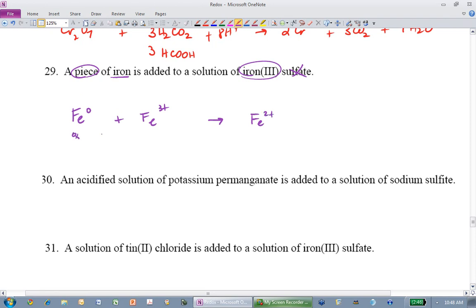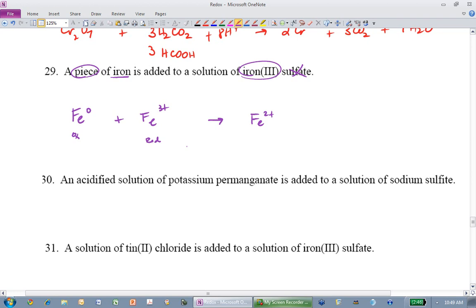This one is oxidized, this one is reduced. And that's what a comproportionation reaction is, where the same element is being involved in both the oxidation and reduction. And iron can do this, tin can do this. There's quite a few. Any of the metals that have double oxidation states can pretty much do this.